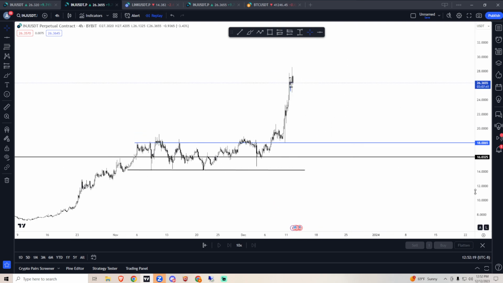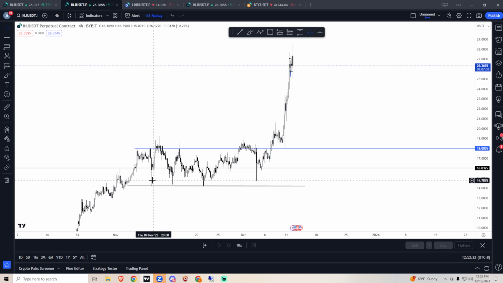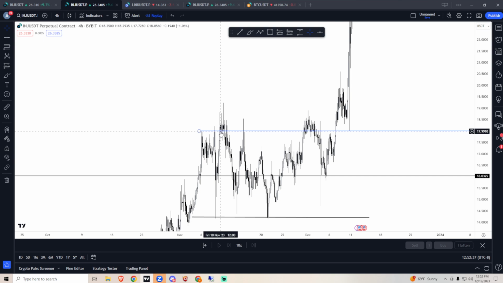So I use wicks. But if the wick closes down below, like for example, these wicks went above, right? But the candle closed below. So this previous range high is resistance. Same thing here. You had a little barcode, right?